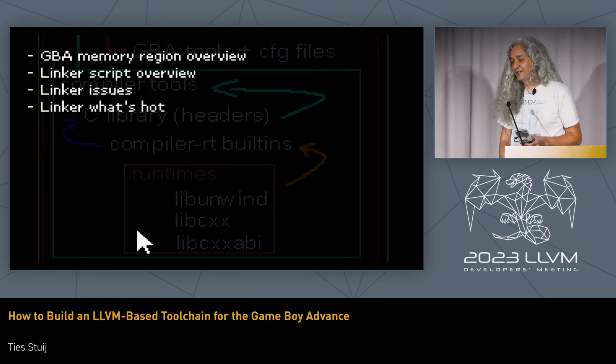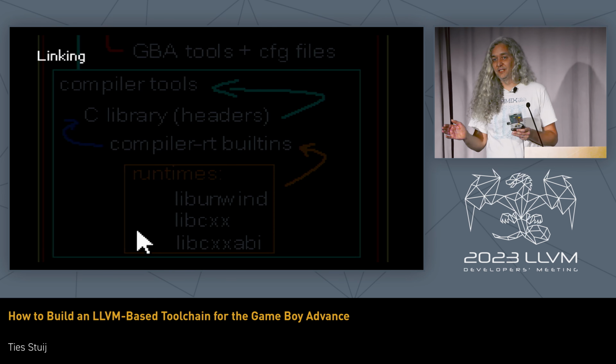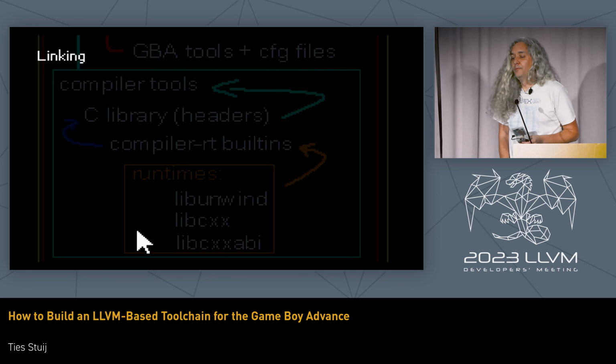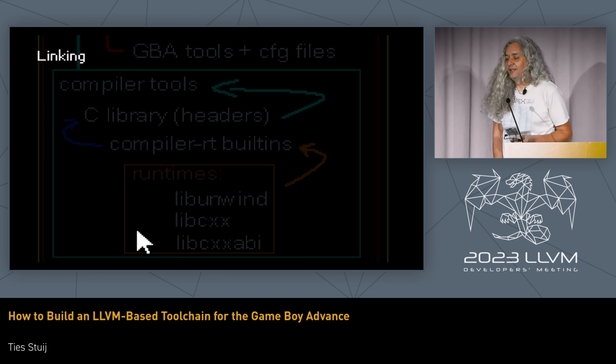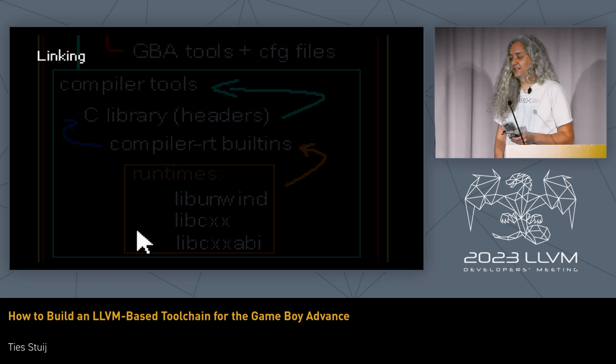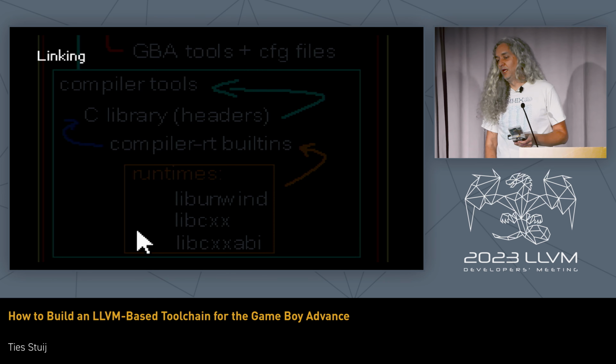Linking is interesting on embedded targets. Linking needs work, and it's a place where you do different things in your embedded context than what you're doing with your hosted context.